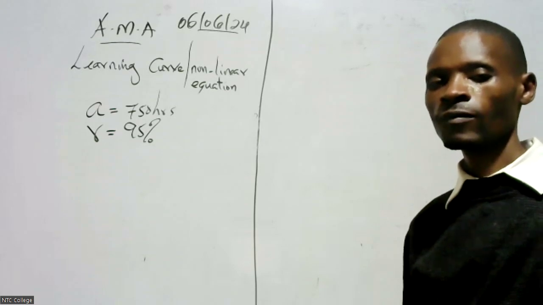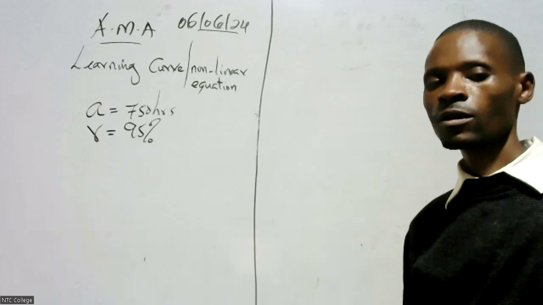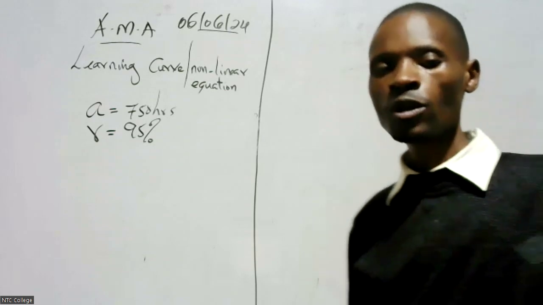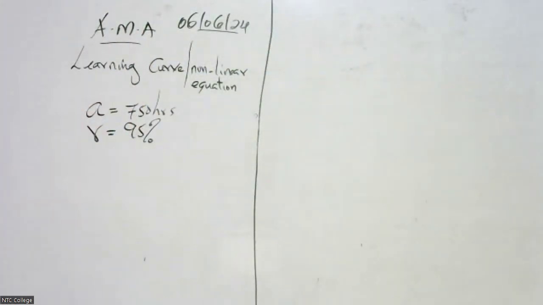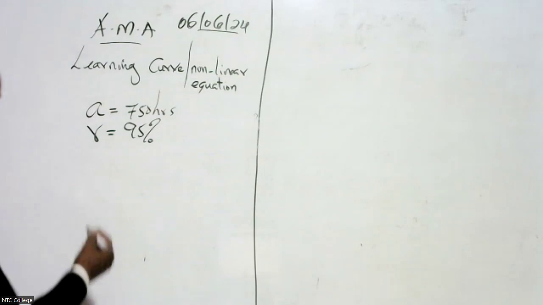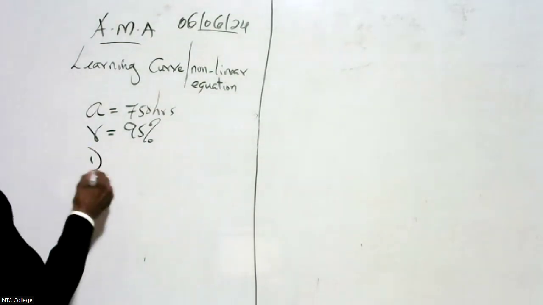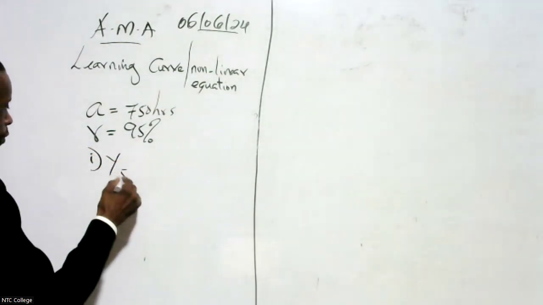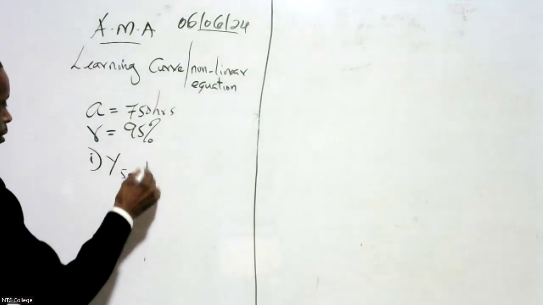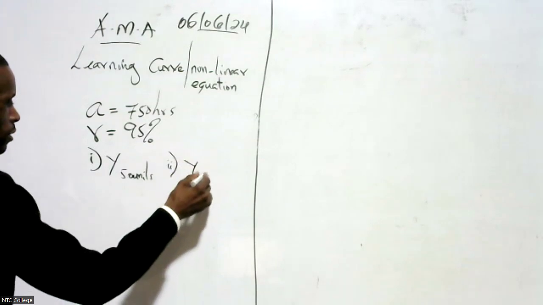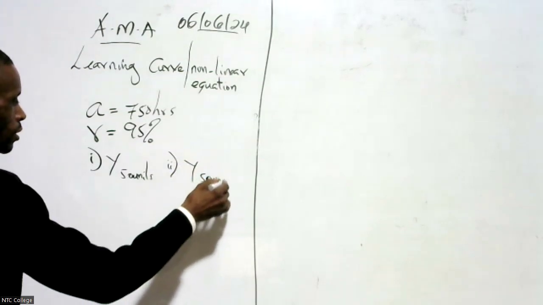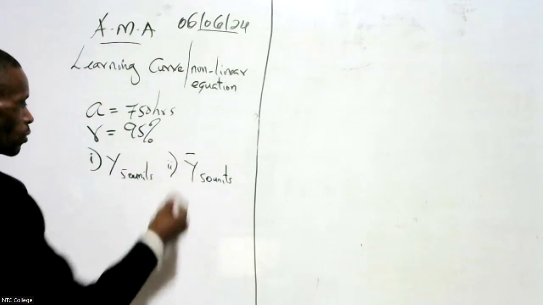Roman 3, time taken to produce units 21 to 30. So Roman 1 is Y for 50 units, Roman 2 is the average for 50 units, meaning Y bar.